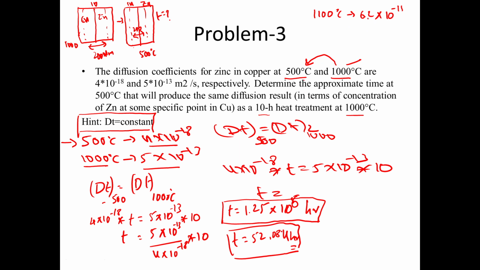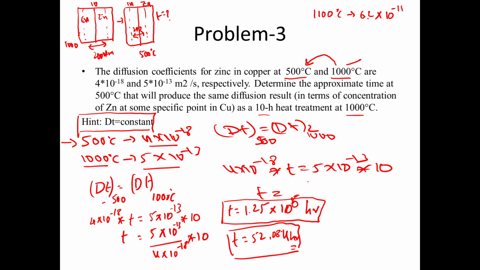So you will directly get how many hours or how many seconds it will take. For example, if it is 6.2 into 10 to the power minus 11, how much will it take? 5 divided by 6.2 first of all, and divided by 100, into 10.